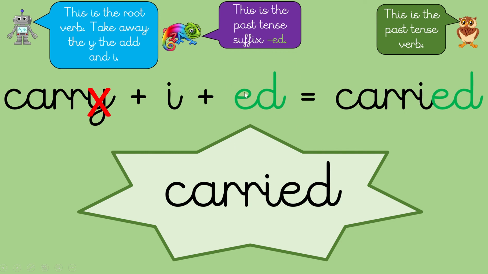Okay, so we've got ed there. This is the past tense verb. Right, can you read that one, guys? Carried. Okay, can you read this one, everyone? I carried the bags of shopping all the way home.